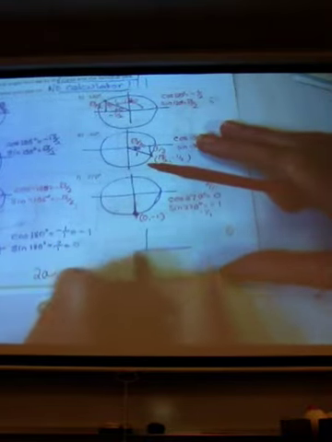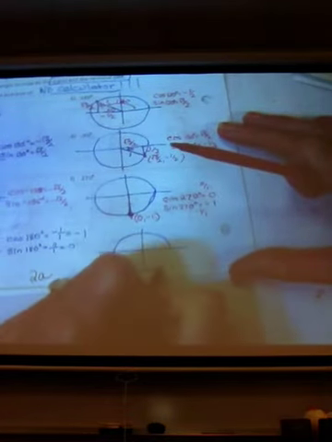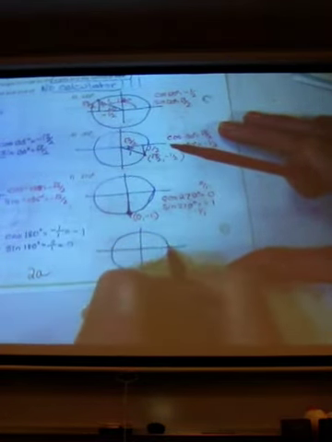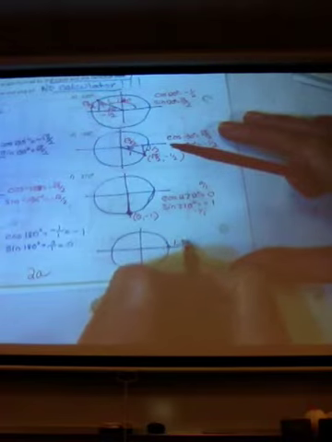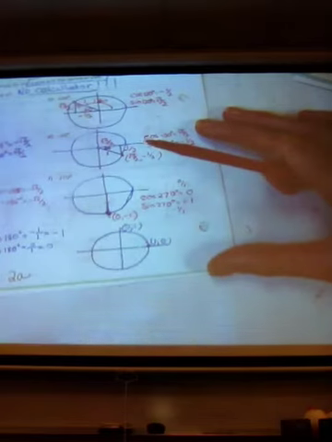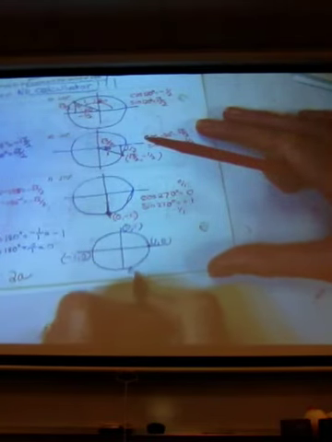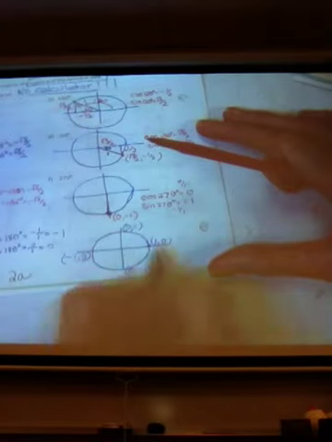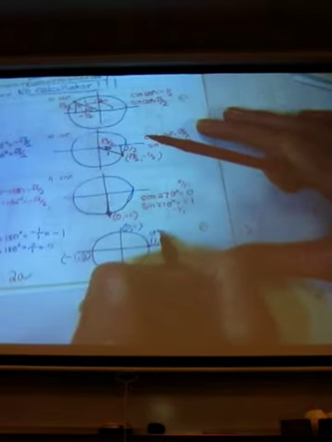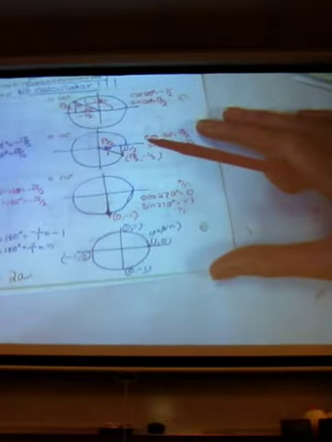Basically, whenever it lands on an axis, your ordered pairs here, because the radius is 1, this is 1, 0, this is 0, 1, this is negative 1, 0, and this is 0, negative 1. This is your cosine, this is your sine of the ordered pairs.